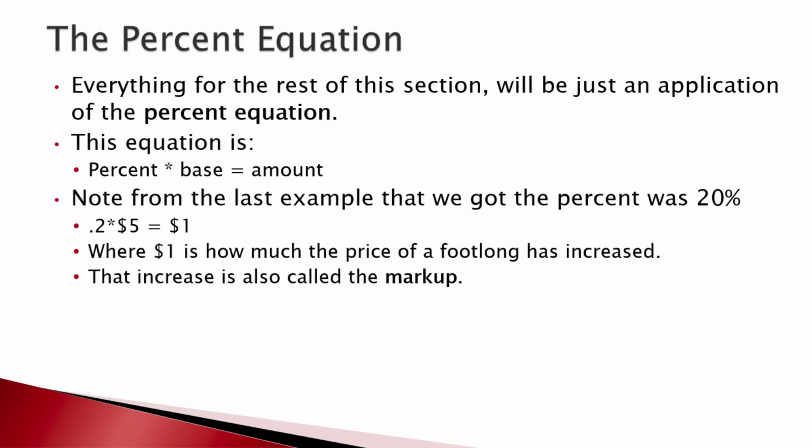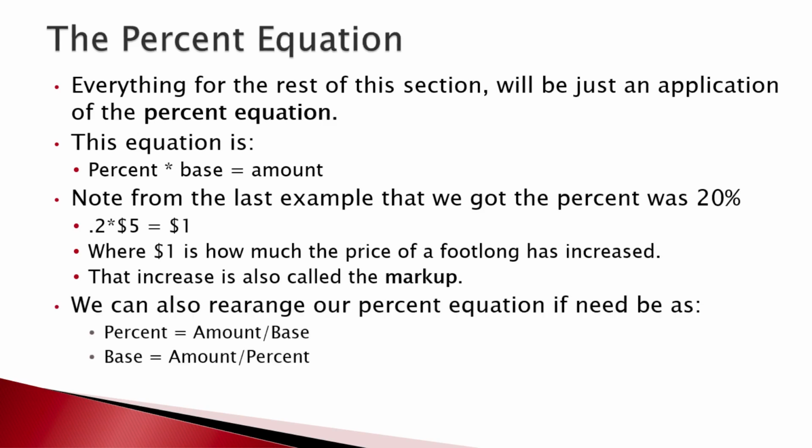That increase is also called the markup. We can also rearrange our percent equation, if need be, through algebra as percent equals amount over base and base equals amount over percent.